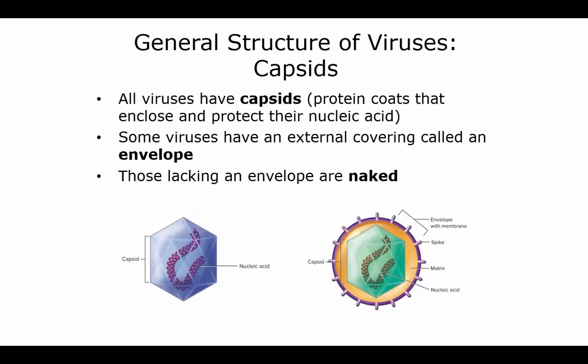The capsids protect the nucleic acid. And then some of them, like the one on the right here, have an envelope on top of that capsid. If they don't have that envelope, we say they're naked. You know, if you don't have your robe on, you're naked.